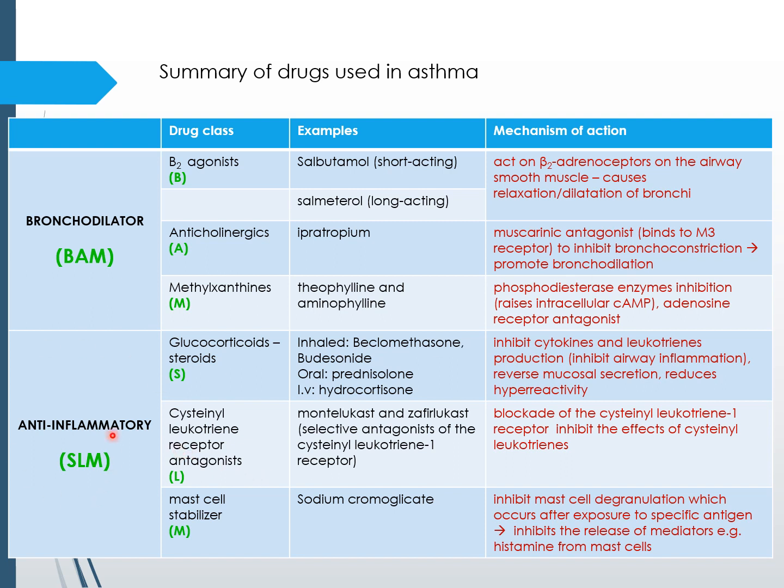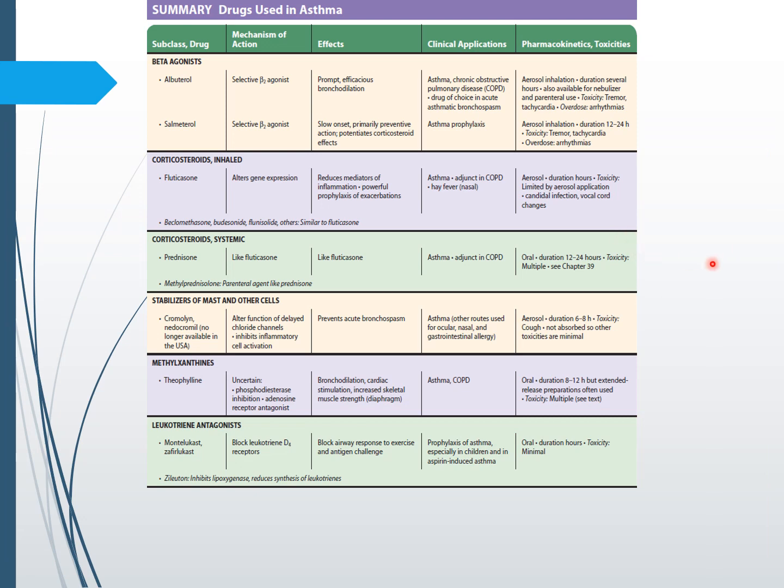And then you have anti-inflammatory, SLAM: steroid or glucocorticoid, cysteine leukotriene receptor antagonist, leukotriene, and mast cell stabilizer. And then the examples and also the mechanism of action. And the same thing, you could fill it up with the adverse effects associated with the use of these drugs.